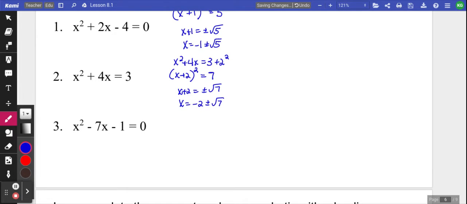On this one, the first thing I'm going to do is add the 1. Then take half the middle term, which is 7 halves, square it, and add it to the right. That would give me 1 plus 7 halves squared, which is 53 over 4. Then I'm going to take the square root.